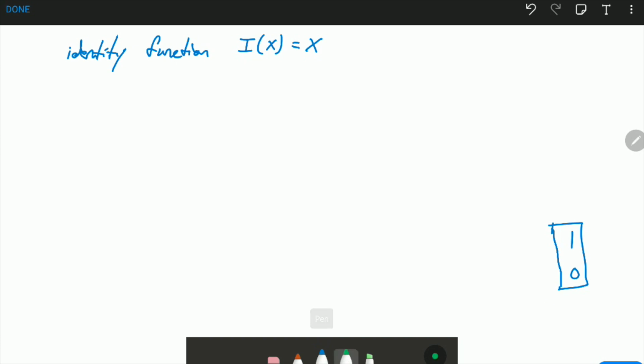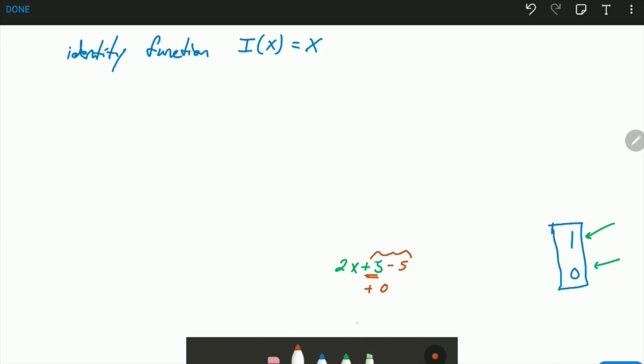Now, something that's nice and handy is that we use identities often when we're solving equations. For example, if we have 2x plus 5, the opposite of this plus 5 is a minus 5. They cancel out and form the identity 0.